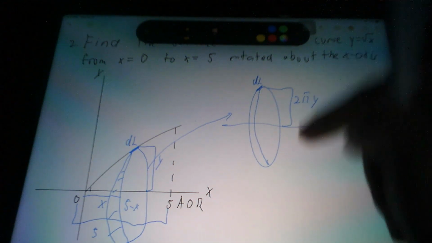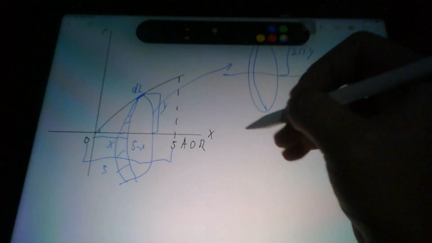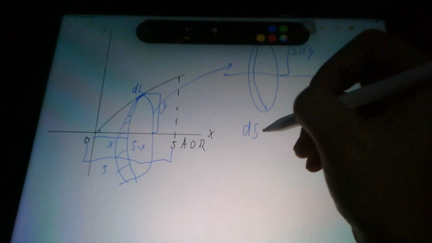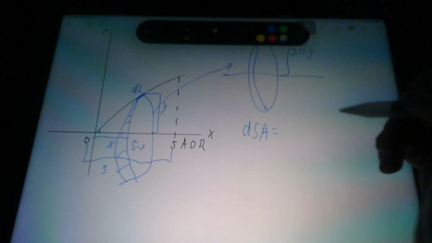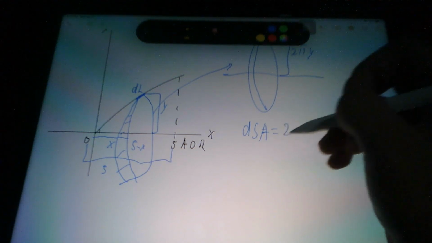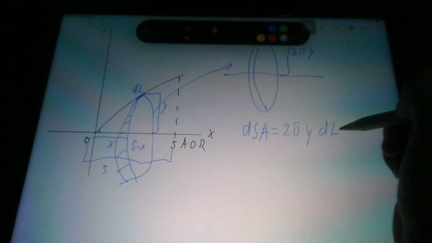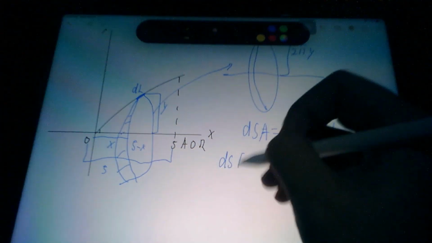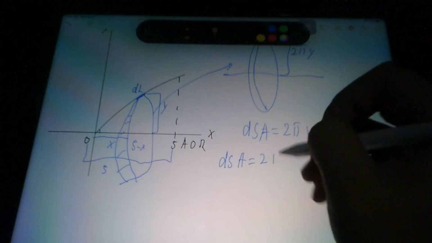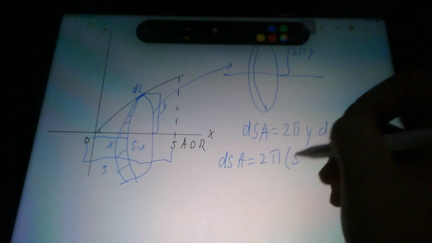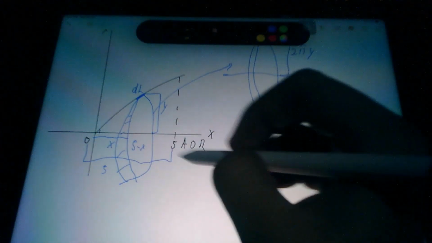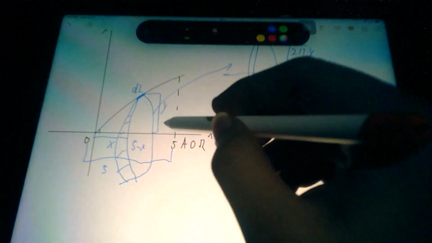So let's form our formula. So dSA is equal to 2 pi y dL. 2 pi y here is just equal to 5 minus x, because the area of rotation is about the x-axis.